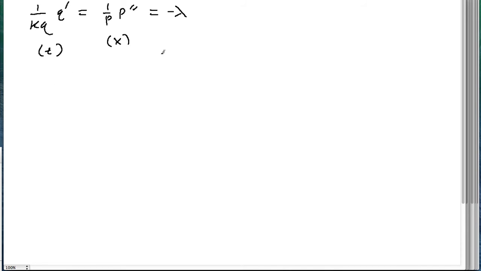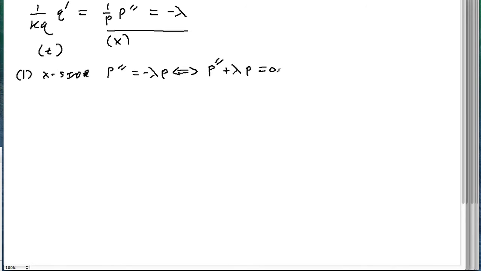So what we need to do then is solve the x side, which I'll rewrite as p double prime is equal to negative lambda p, or rather, p double prime plus lambda p is equal to 0.